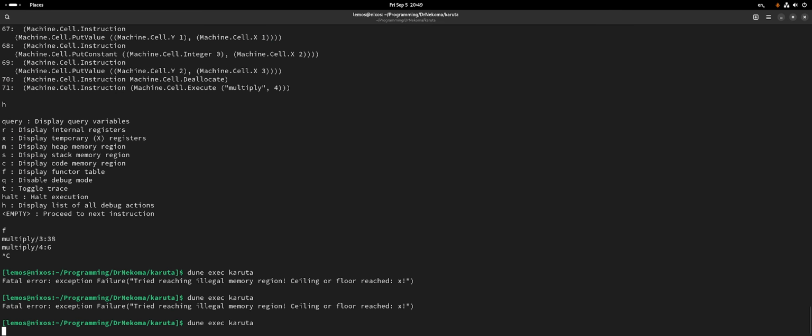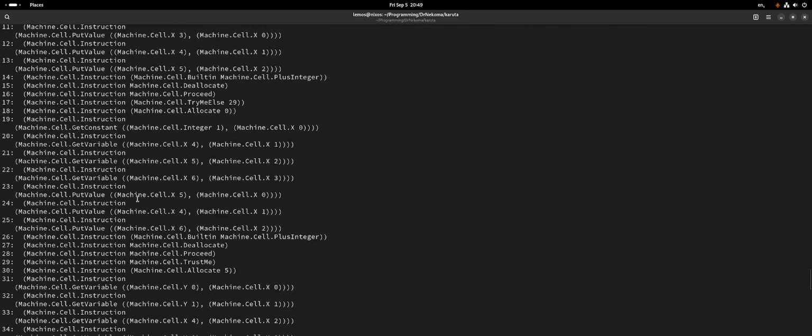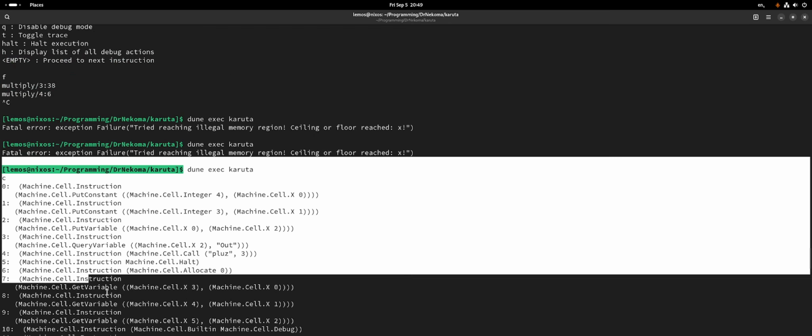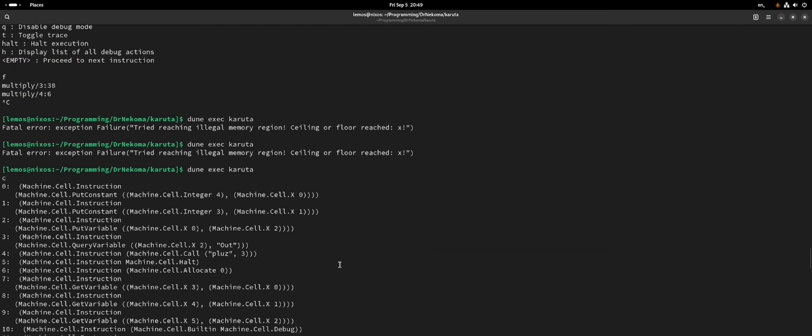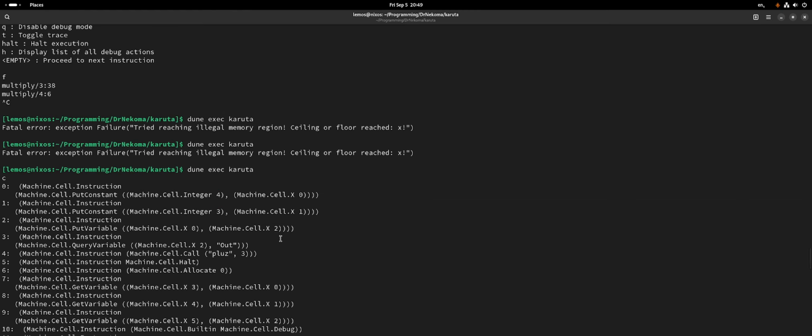Okay, so it's holding. What do you want to see? Man, we really need to add comments to this thing. Put constant, and then put variable. Yeah, this is the answer, right? We are trying to see what's 4 plus 3. Then we do the call, and then we halt.